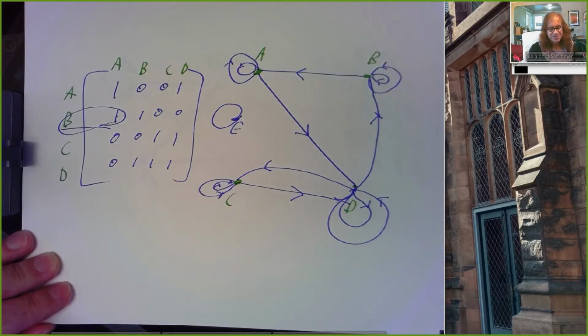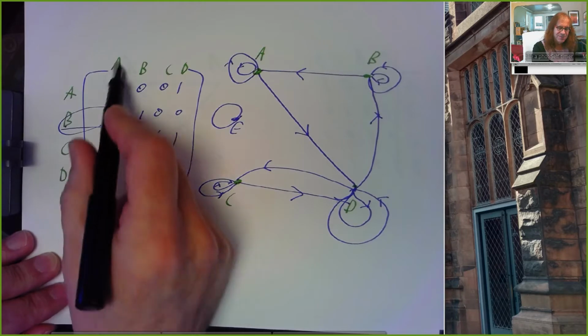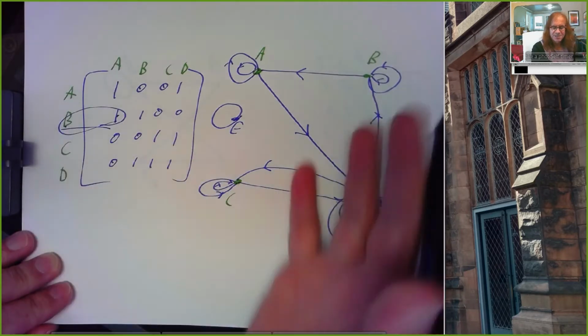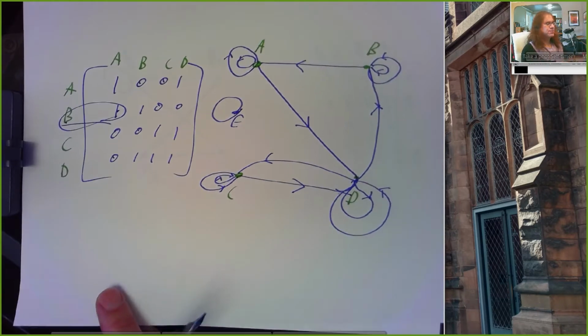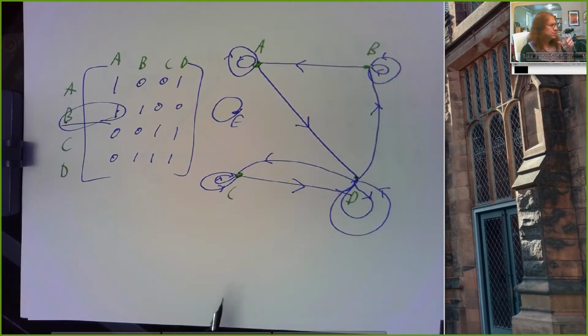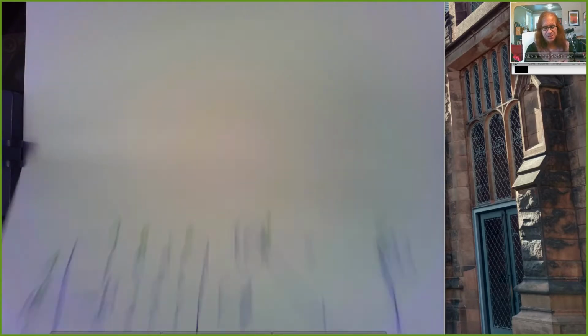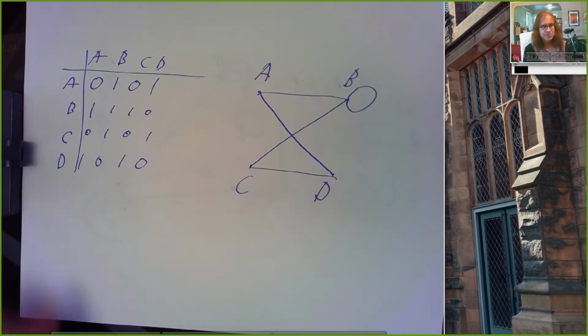If I did it the other way, then all my arrows would be reversed. So there has to be some kind of notation there, but whichever way you do it, it's going to look the same. It'll just be different arrowheads. Undirected, there's no ambiguity because it's just an edge.